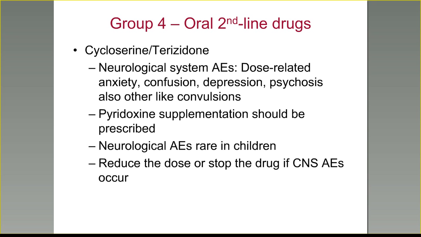In such cases, we do use an antidepressant in these children, and we watch them closely. We do give pyridoxine supplementation in all our patients on trazodone or cycloserine, and the dose that I use is 25 milligrams, or 1 tablet for every tablet of trazodone or cycloserine that we use.